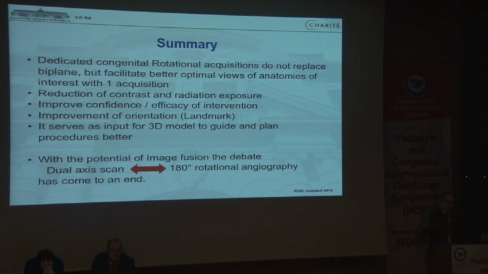So, with the potential of the image fusion that I mentioned in the last part of my talk, the debate of the dual axis scan, this advanced rotational angiography, or the 180 degrees rotational angiogram has come to an end. So this is the future, that you have all the three-dimensional spatial information for you as a pre-planning, image-fused tool to give you on-site the possibility to have every information you need for the procedure.